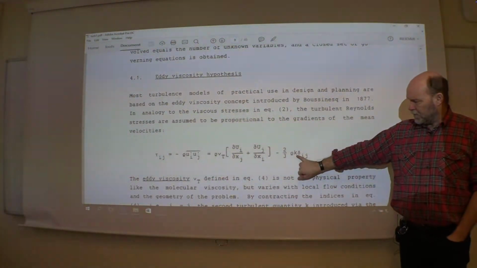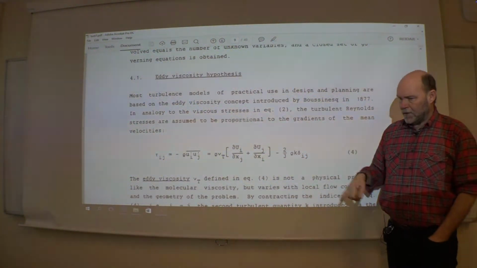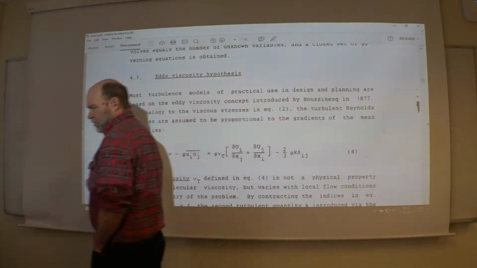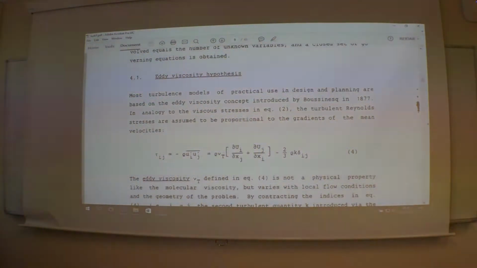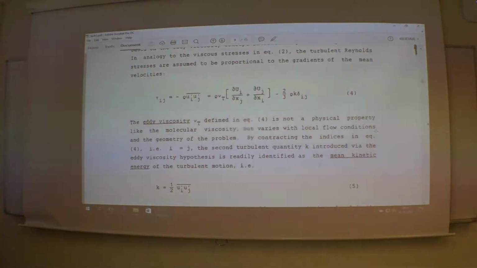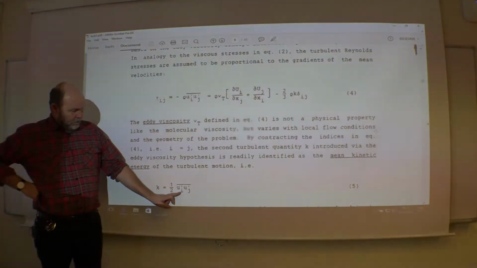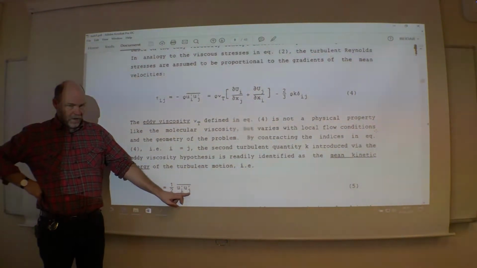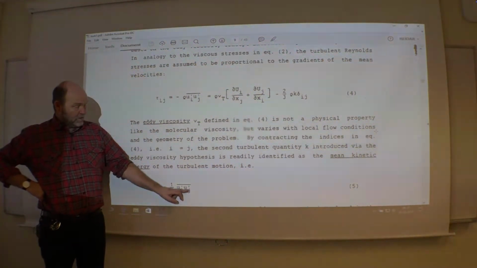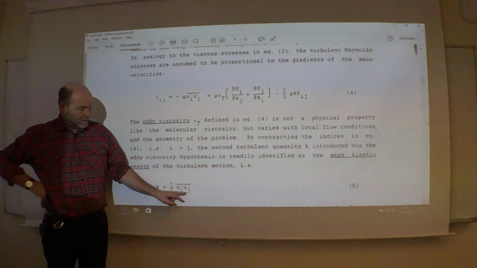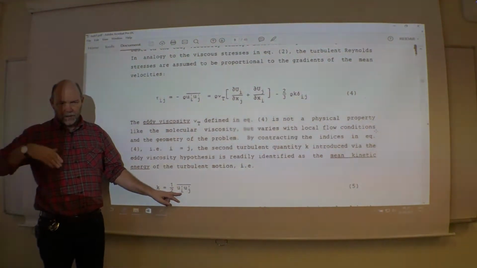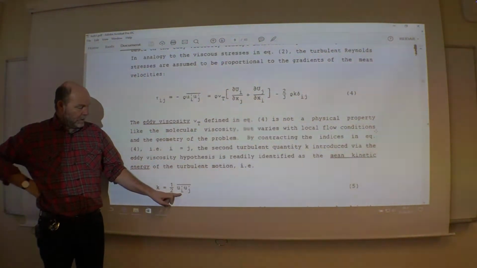Well, first of all, this little k here, we haven't defined him yet. He should pop up down here somewhere. Yes, this is actually wrong. It should be ui. Remember the tensor notation? When the indexes are the same, that means automatically sum up over all indexes.